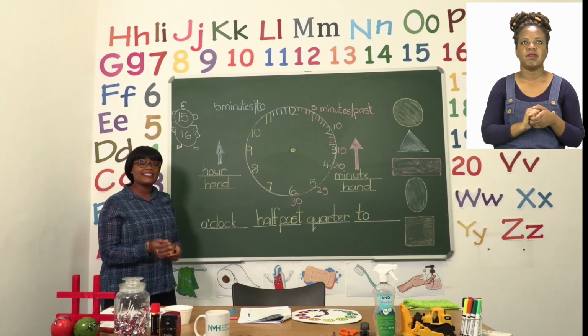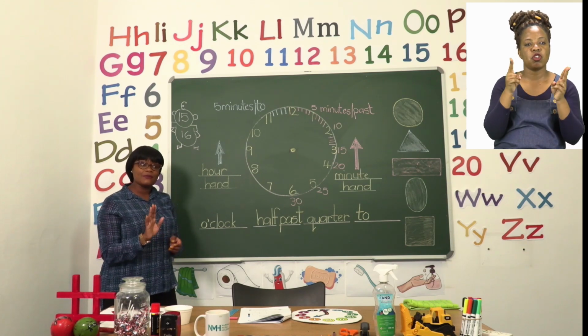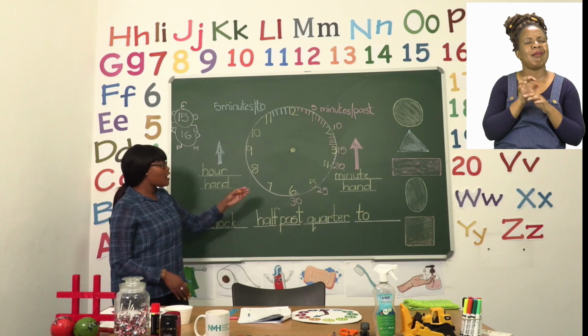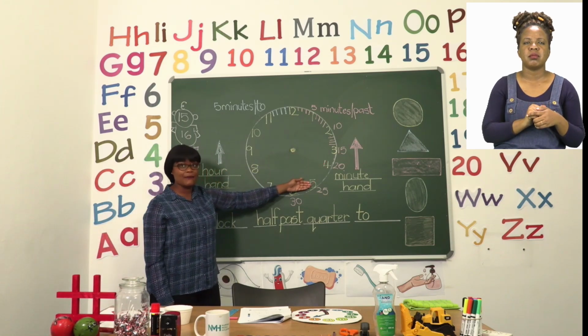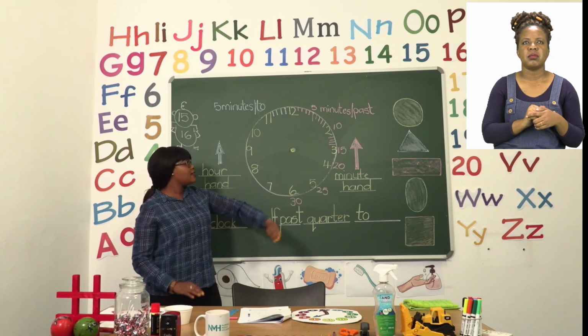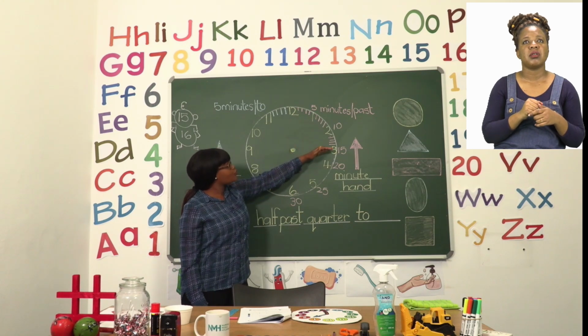Now the hour hand is another arrow, but this one is different from the minute hand. It moves much slower. And instead of counting like the minutes, where there is 5 in between each number that we see, the hour hand counts normally. This is 12, 1, 2, 3.